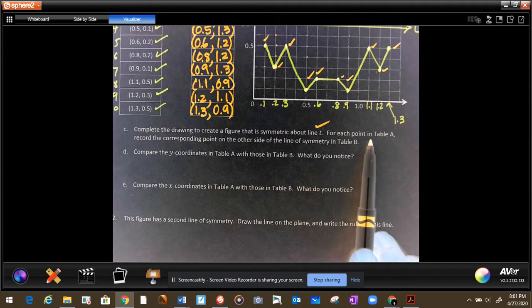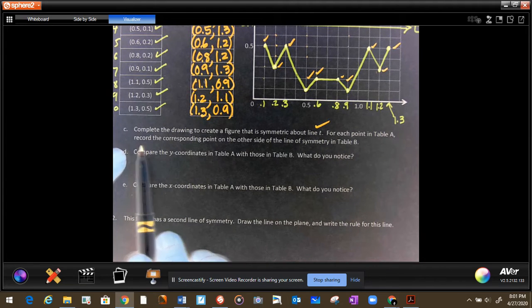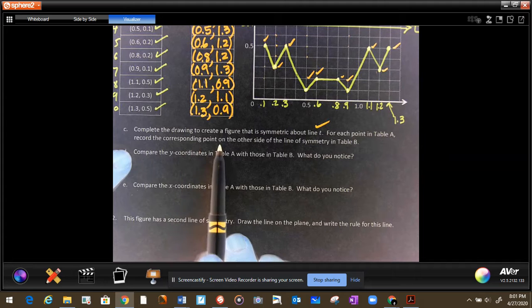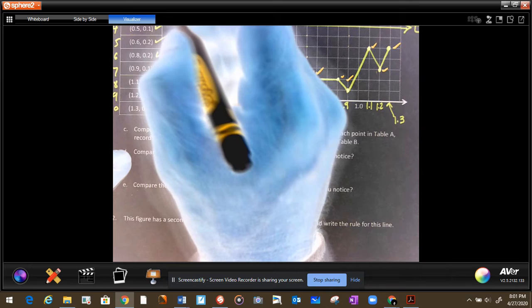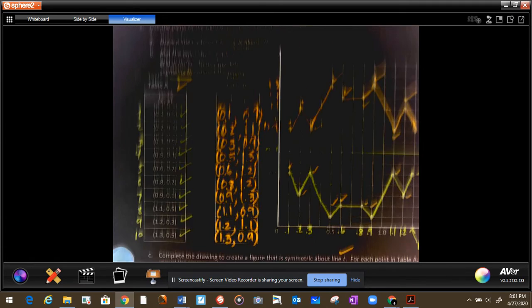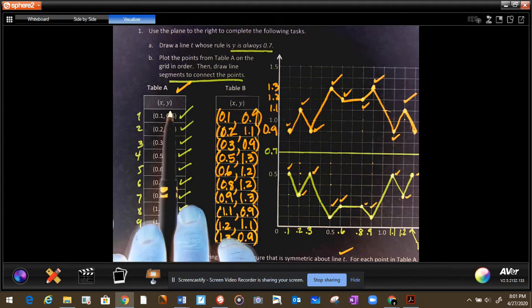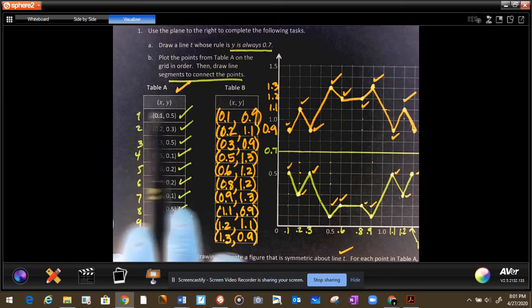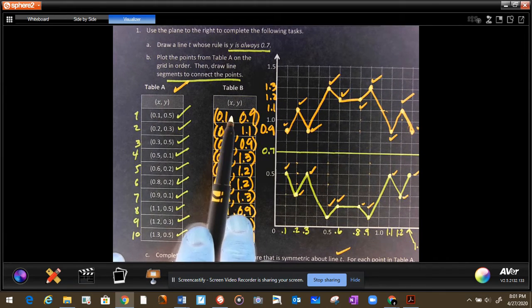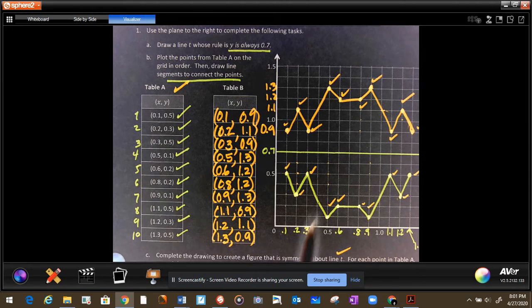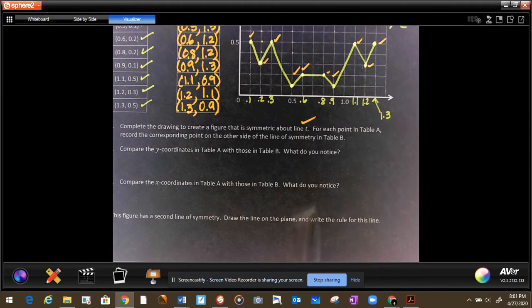For each point in table A, record the corresponding point on the other side of the line of symmetry in table B. So we did that one already. We completed every point that corresponds to A. Every coordinate right here has a correspondent, which will be this one right here, because they're symmetrical. That's why they correspond to each other. Okay, so we did that one.